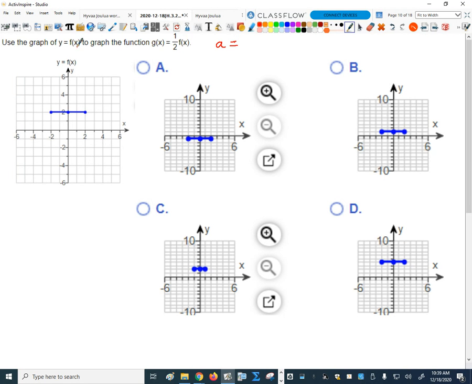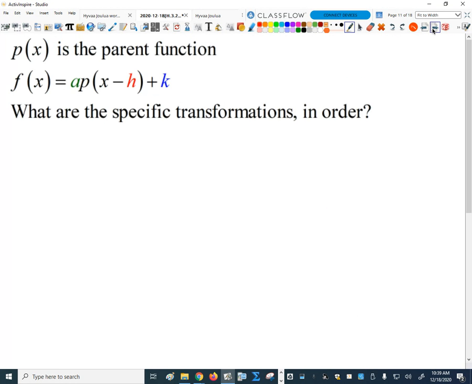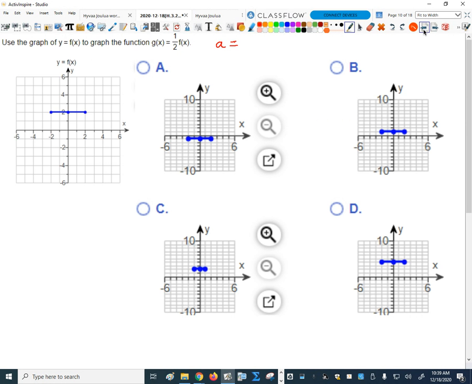Our parent graph is f of x. Remember, a is what occupies the place in front of the parent graph, right? It's what we're multiplying by the parent graph. So what are we multiplying by our function here? 1/2. 1/2, there you go.